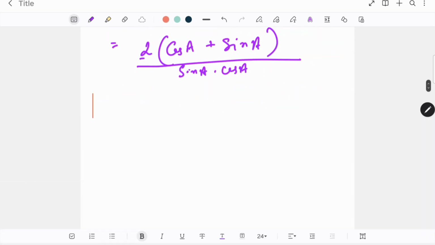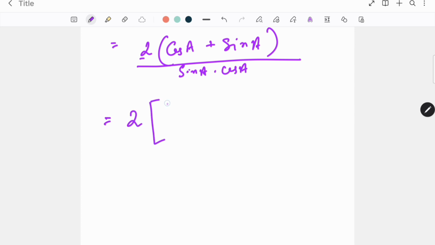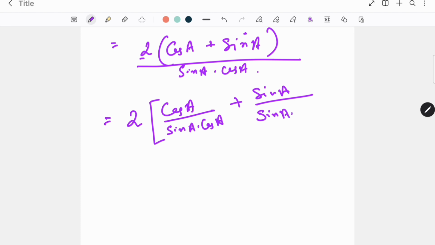That means this 2 will be out, this cos A is up, the denominator total sin A into cos A, and with this sin A the denominator total sin A into cos A.